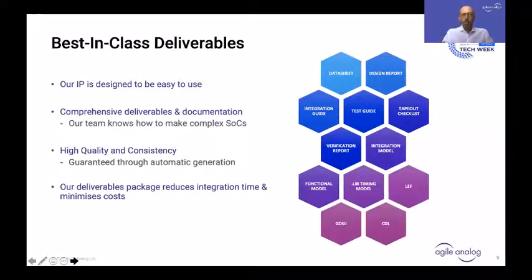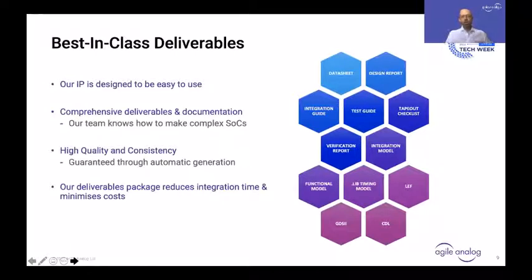Our team has previously taken a number of complex chips into mass production and sold in high volume. So we know how to make a complex SoC, and we know what it takes from an IP set of deliverables to enable an easy integration and functionality, right?